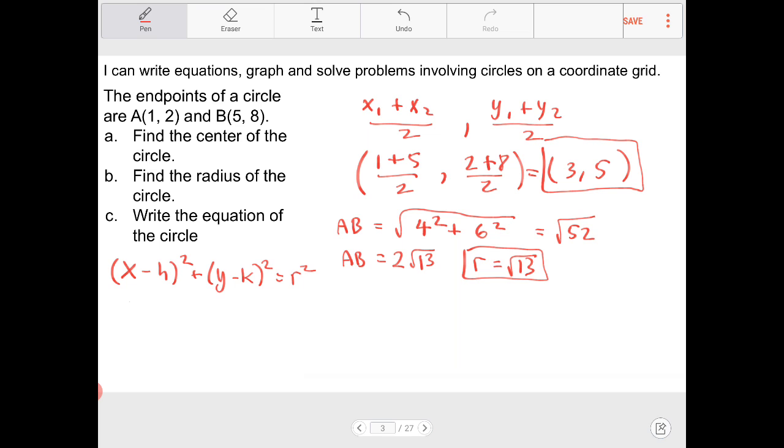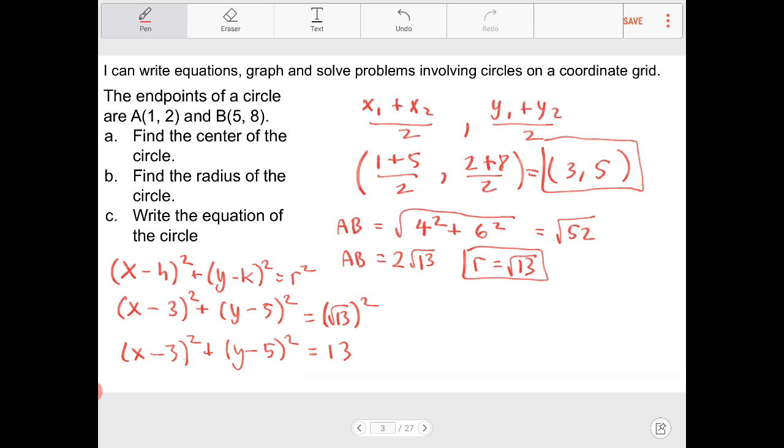So x minus 3, quantity squared, plus y minus 5, quantity squared, equals square root of 13 squared, or simply 13. So this is the equation of the circle.